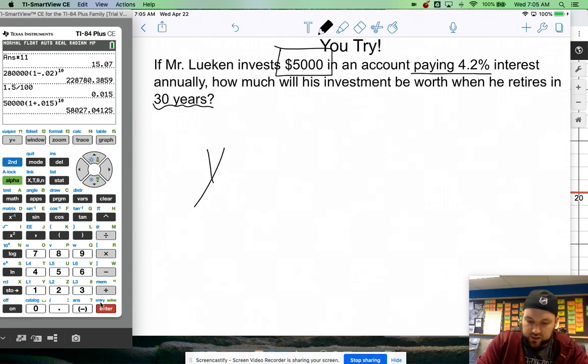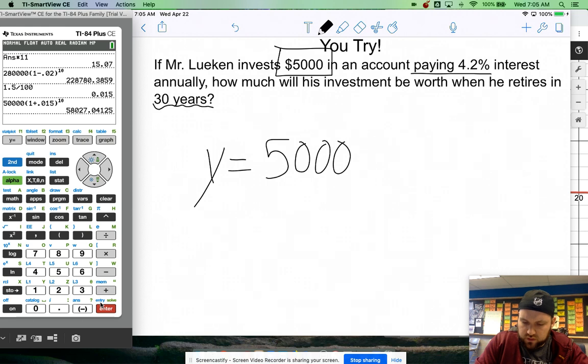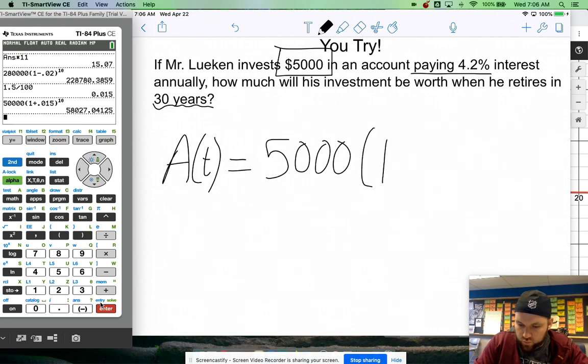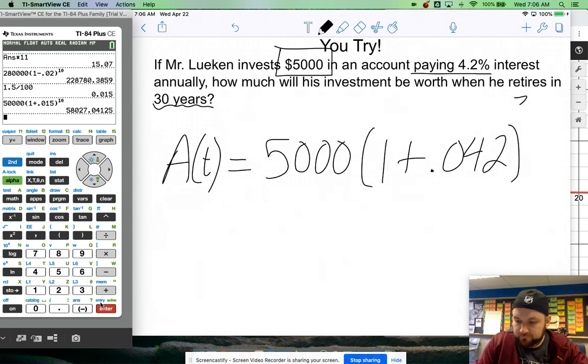Okay. Now, I don't know if I'm actually going to retire in 30 years or not, but we'll just use that. You notice I just put y equals instead of the a of t. To stay consistent, I can put that, but you can also just put y equals. 5,000 times 1 plus 4.2% is 0.042, then raised to the power of 30.